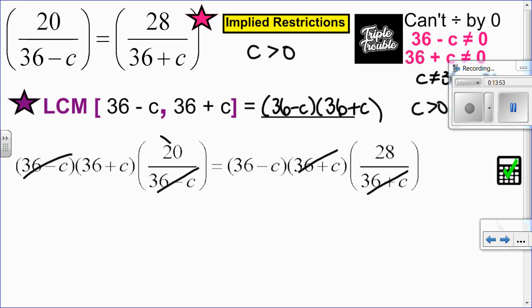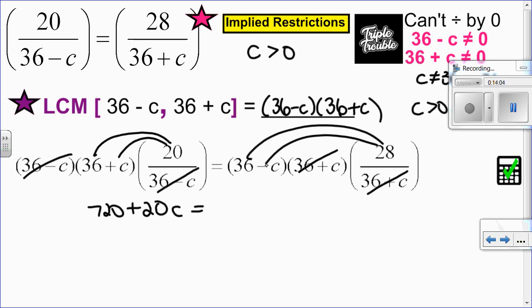So over here, I'm going to distribute 20 inside the brackets. So I'll do 20 times 36 and 20 times C equals, on the other side, apply the distributive property. So I have 28 times 36, 1008, subtract 28 times C.